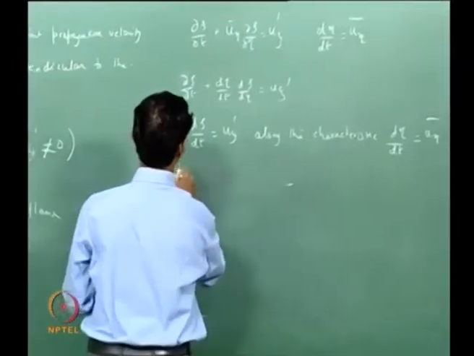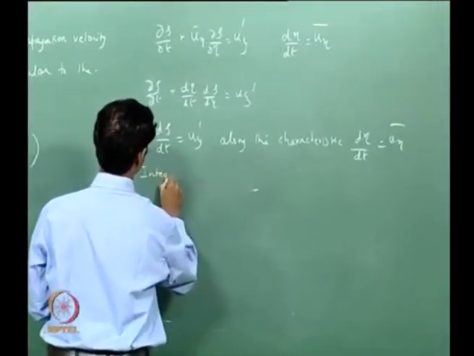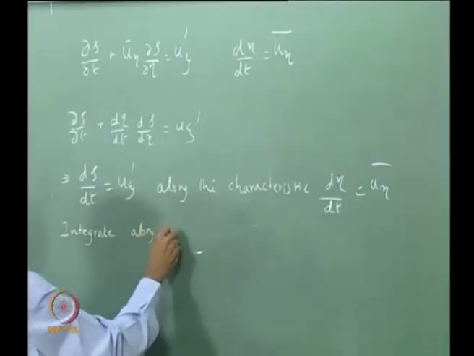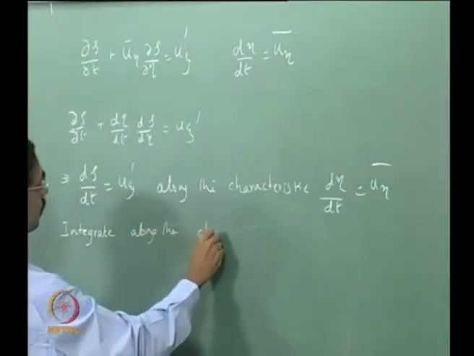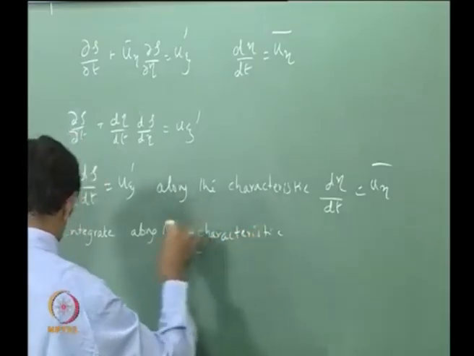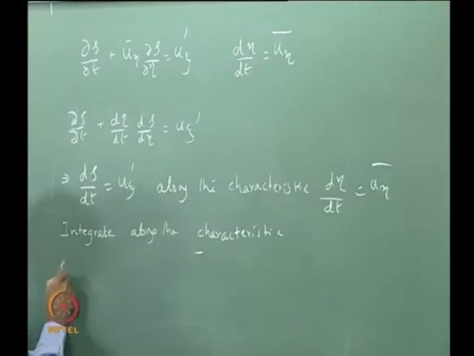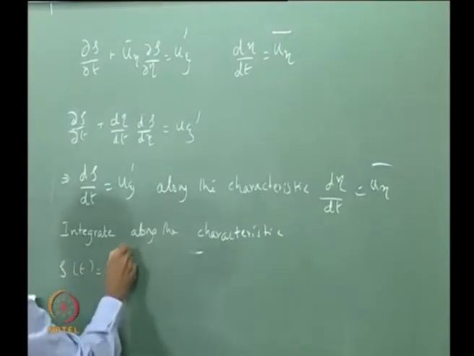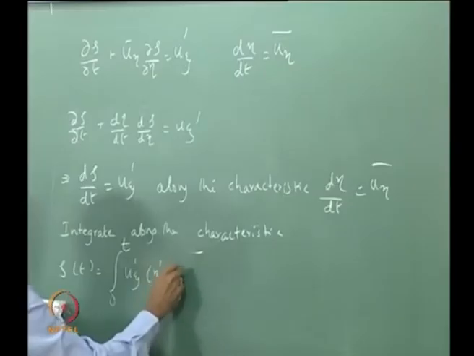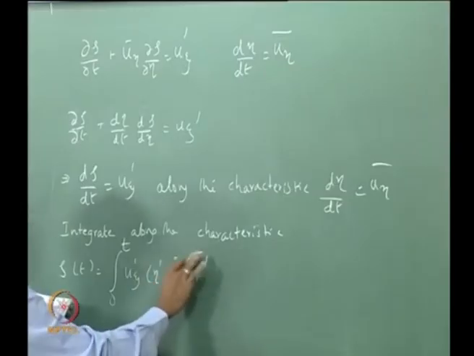So integrate along the characteristics. We will use primes as the dummy variables, dt prime.